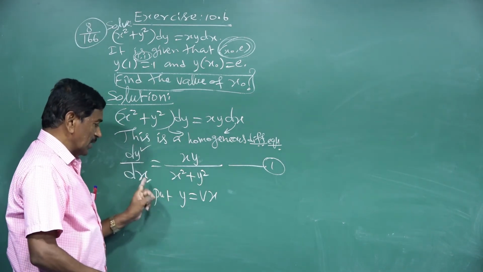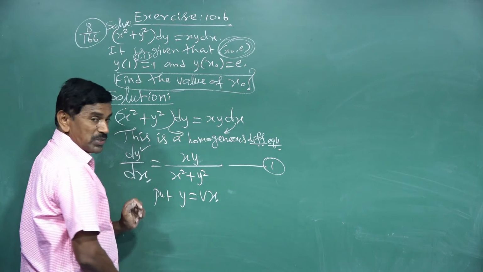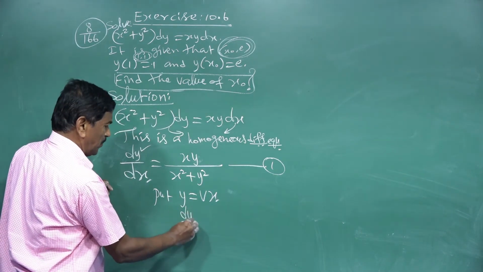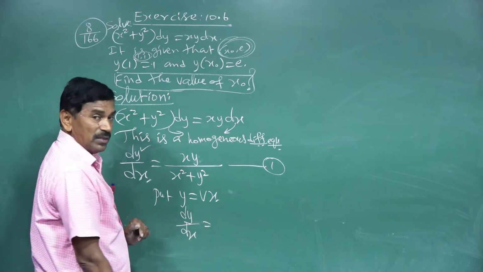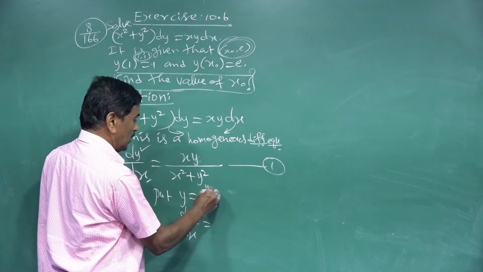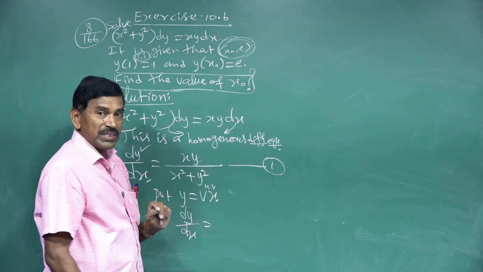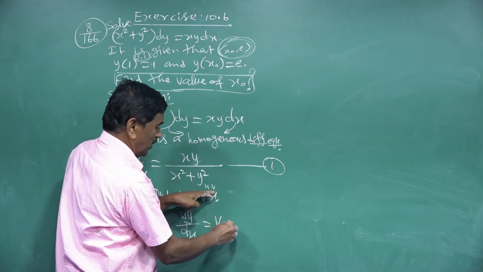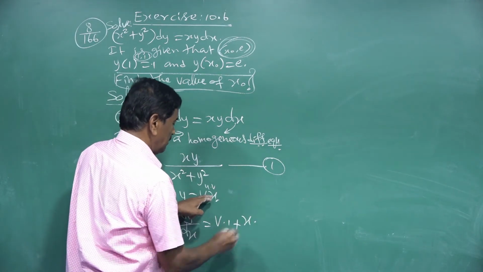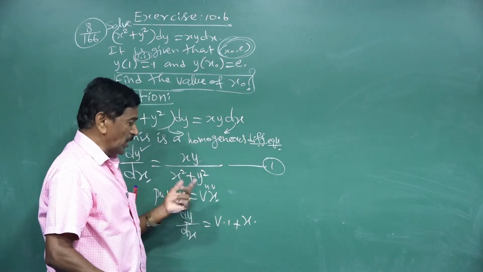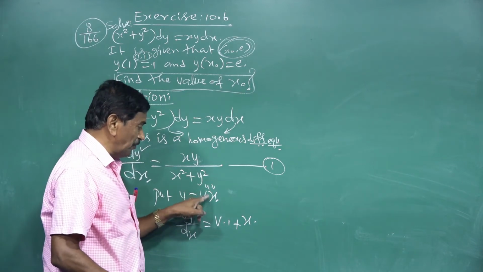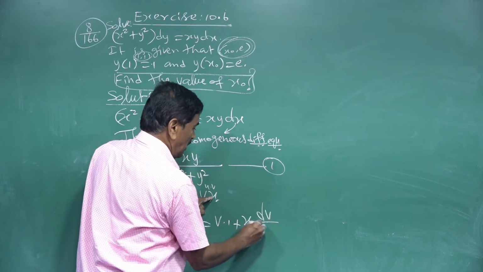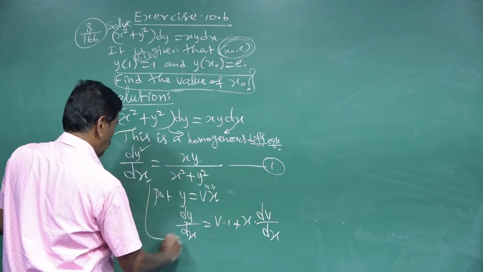The differential of y with respect to x is given by dy by dx is equal to, using the UV model, v fixed, x differentiation gives 1, plus x fixed, next, the differential of v with respect to x is given by dv by dx. So v plus x dv by dx. Okay, box it.